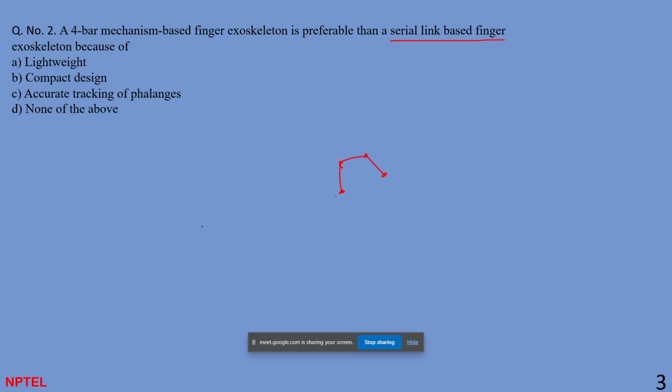Here is the PIP, the metacarpal, and this is your fingertip. Instead of, say, a motor here, a motor here, and a motor here.